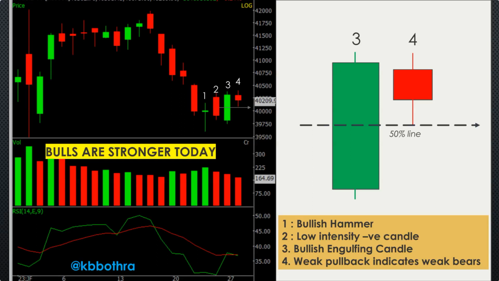Now, the third candle is extremely encouraging. This is a classical bullish signal. Candle number 2 was engulfed completely by candle number 3, which is what we call a classic bullish engulfing pattern. This indicates the possible dominance of bulls making a strong comeback.